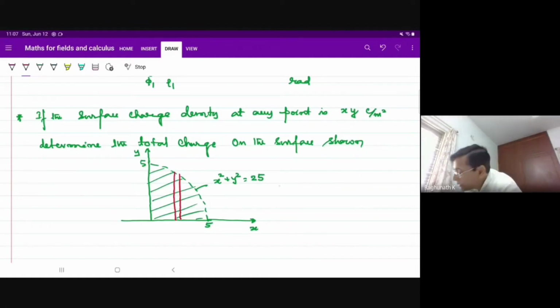What is that now? Integral of xy, where xy is the surface charge density. At any x, y goes from 0 to root 25 minus x squared, dy.